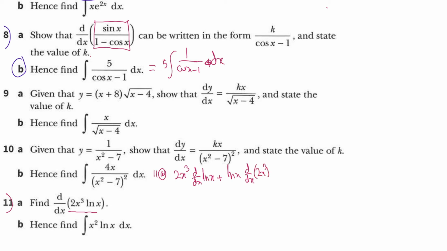So from here we got 2x cube into 1 by x plus then ln x into, if we differentiate that one, this is 6x square we got from there. So finally we can cut 1x from there, so we can write 1x. So it would be 2x square from the top part, then plus 6x square ln x is the answer of the first part of this question.